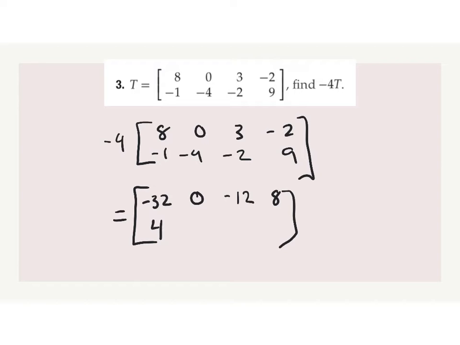Positive 4. Negative 4 times negative 4. 16, and negative 4 times negative 2, and negative 4 times 9. Negative 36. Perfect. So this is our answer.